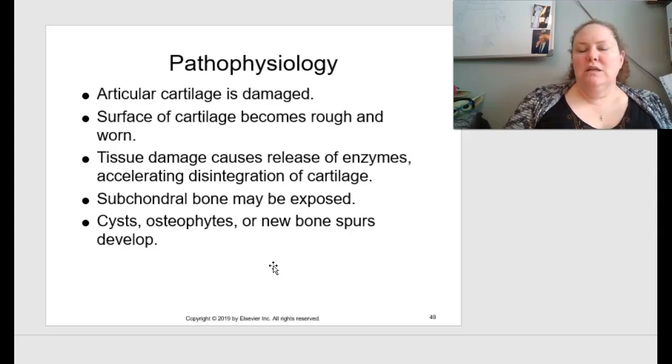So what is the pathophysiology? Well, the articular cartilage is going to be damaged, and then the surface of the cartilage is going to become rough and worn. And the tissue damage causes the release of enzymes, and these can accelerate the disintegration of that cartilage that is left. You can have some subchondral bone, and this may become exposed, and cysts, osteophytes, or new bone spurs may develop. Okay.